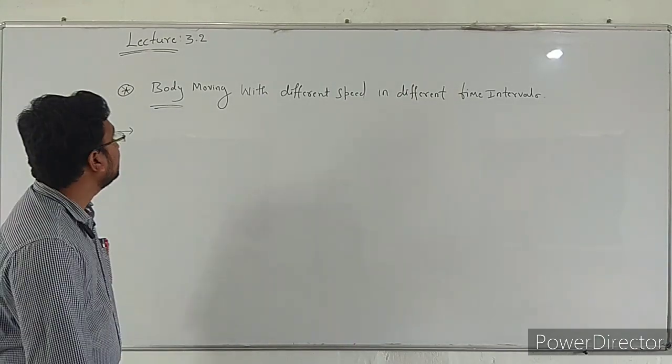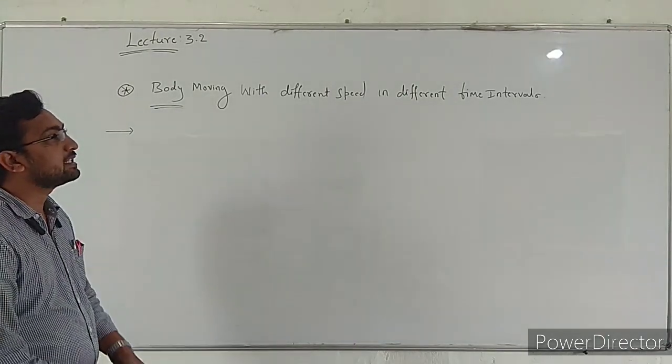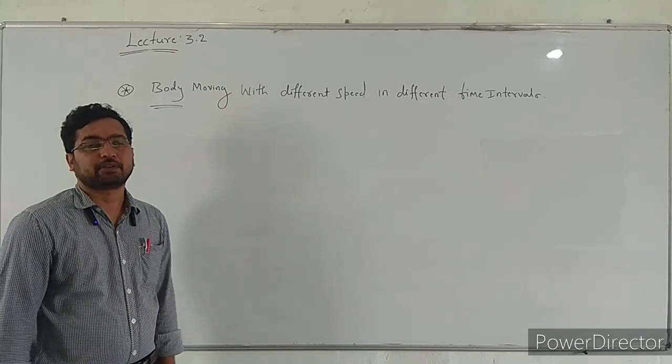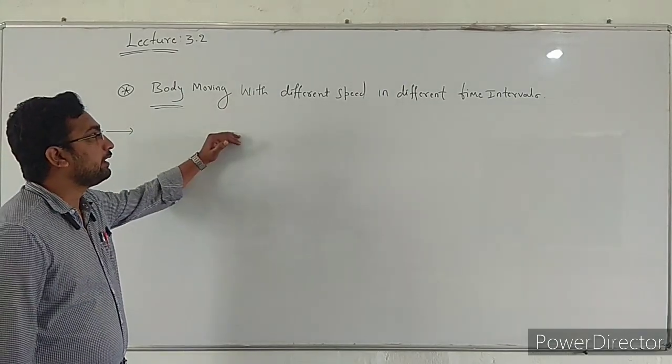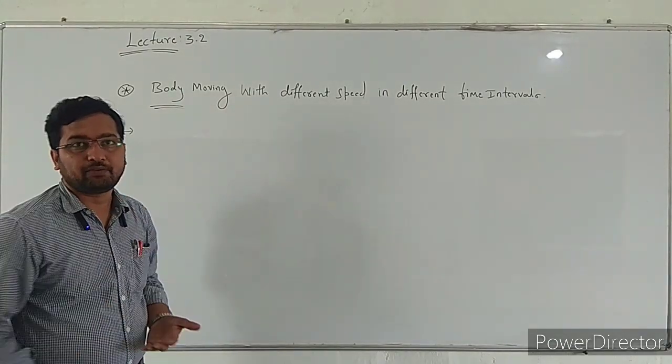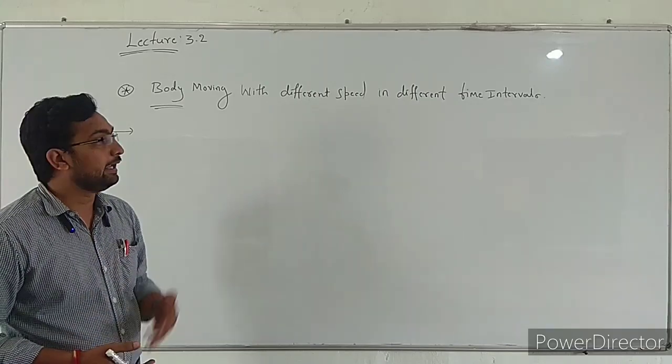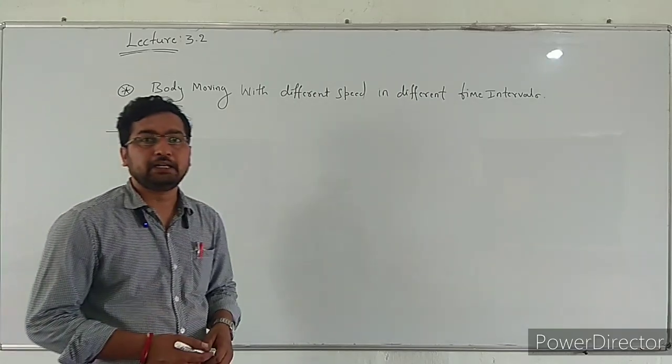Okay, the next one: a body moving with different speeds in different intervals of time. In this case, a body is moving at different speeds, for example V1 and V2, in time intervals of T1 and T2.